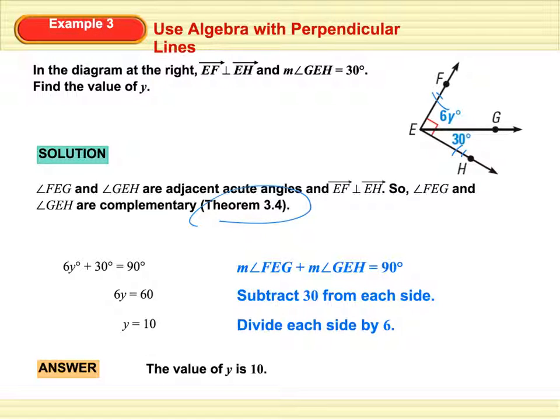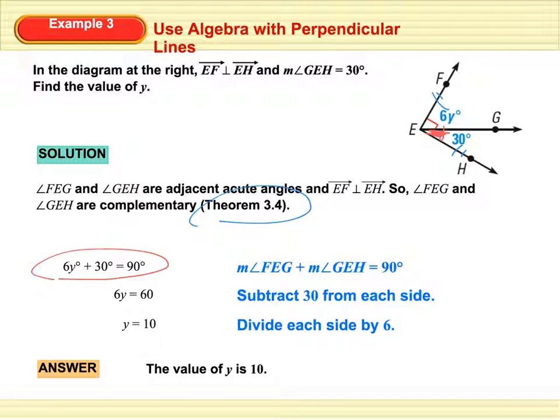So angle GEH is 30 degrees right here. I should use a different color. This red part, this angle here is 30 degrees, and the other part is 6y degrees. And we know because they are complementary, if we add them together, they should equal 90 degrees.